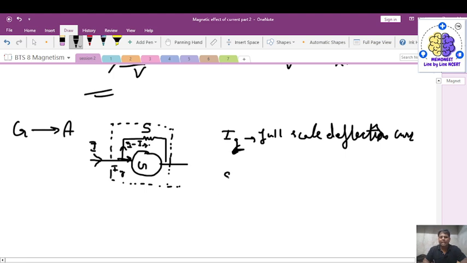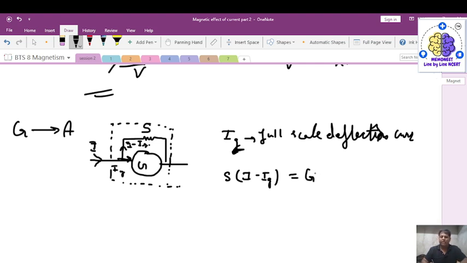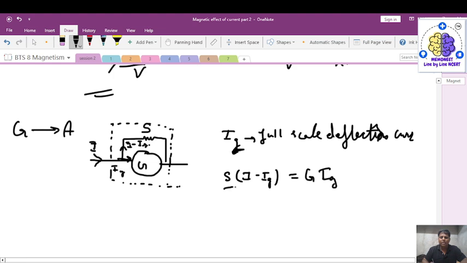So we write S into (I minus Ig) is equal to G into Ig. Capital G is the resistance of the coil of the galvanometer, and the current in the galvanometer is Ig. So the shunt will be equal to G into Ig upon I minus Ig.